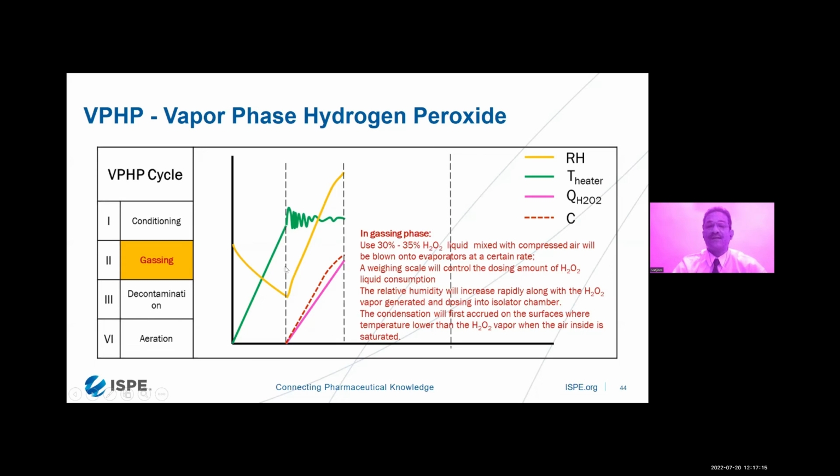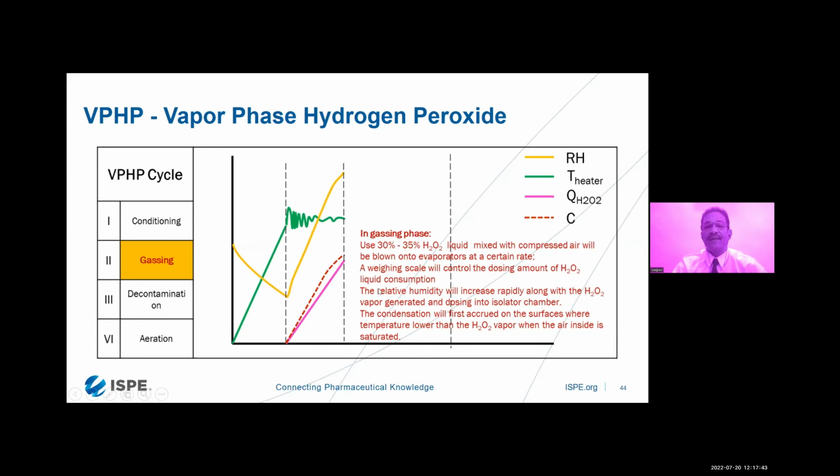As soon as the VHP starts entering the chamber, the humidity will start increasing, and there will be a peristaltic pump which will be controlling the flow of the liquid hydrogen peroxide into the evaporator chamber. The evaporator chamber will evaporate it, and it will put the vapors inside the chamber.